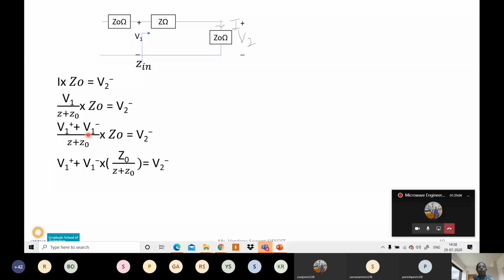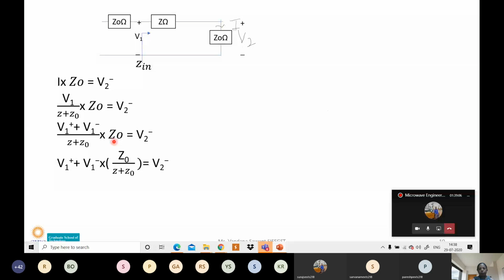Then the equation will become V1 plus V1 minus into Z0 divided by Z plus Z0. We have just brought the Z plus Z0 here. This is multiplication only, so it doesn't make a difference. So we are rearranging the terms and writing this equation.